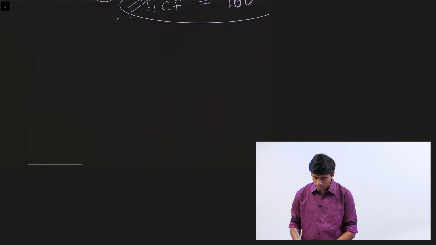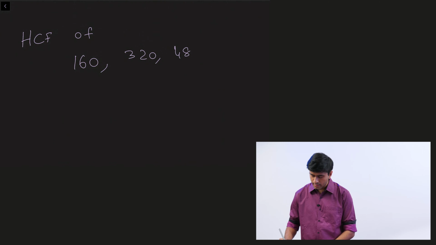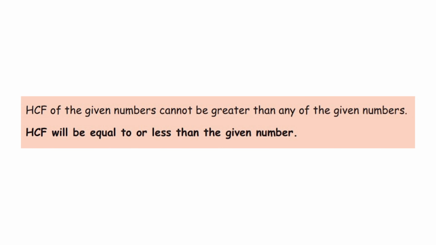So we found the HCF of 160, 320, 480 is 160. Let me tell you a couple of properties of HCF. Number 1, the HCF of the given numbers cannot be greater than any of the given numbers.